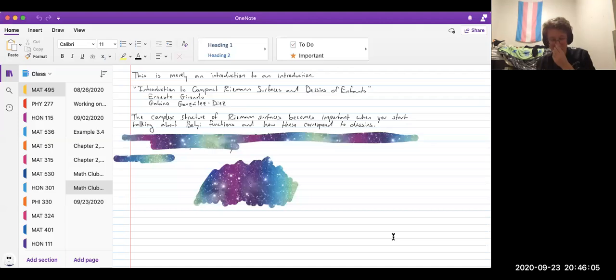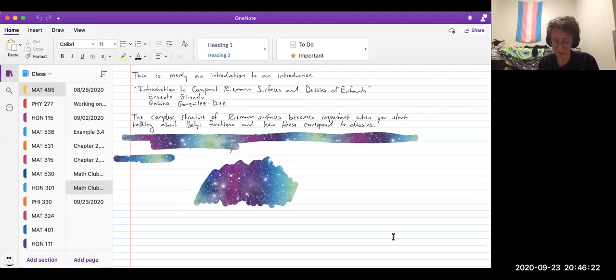We didn't really talk about Riemann surfaces in particular, but basically a Riemann surface means that you're putting a complex structure on topological surfaces.